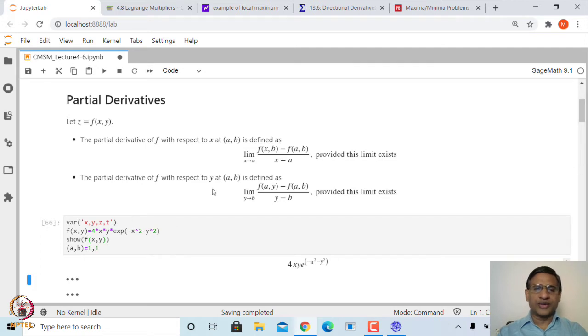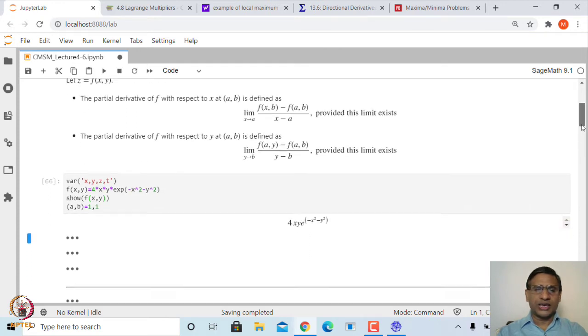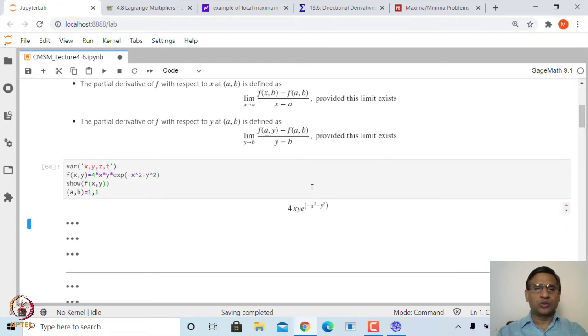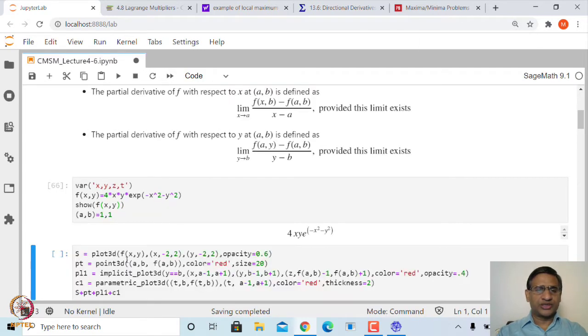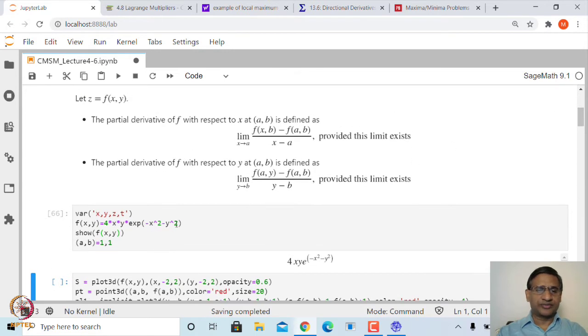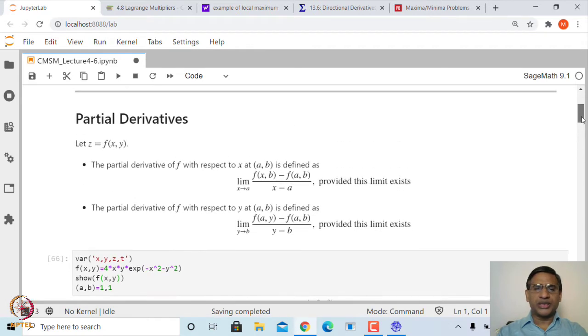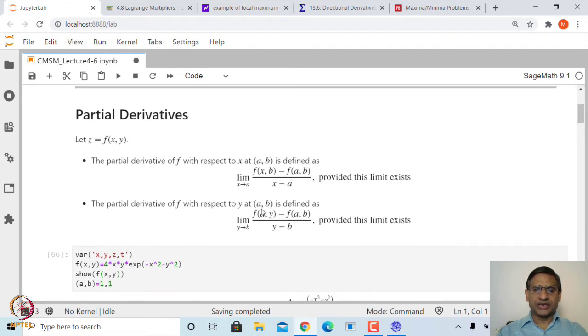We want to find the partial derivative of this function at (a, b) equal to (1, 1). We can simply find it using diff, but before that let us look at the meaning of partial derivatives.